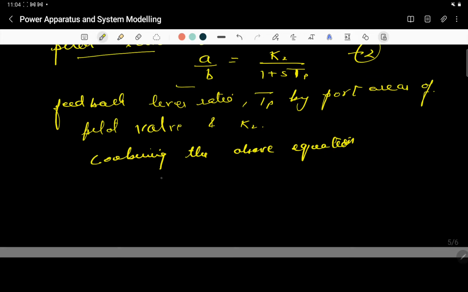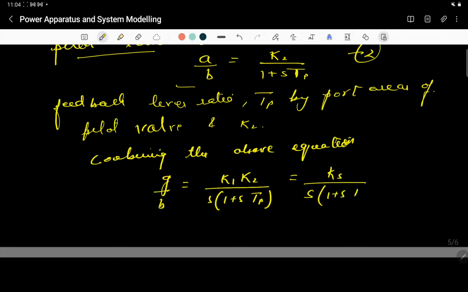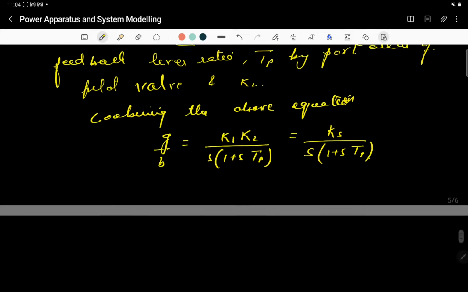we will get, what? G upon B simply goes to K1 K2 upon S (1 plus S TP). Okay, this is equal to Ks upon S (1 plus S TP), where Ks is what?